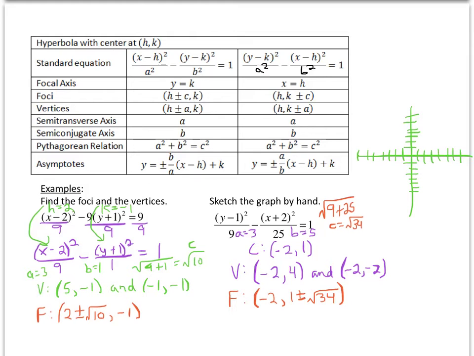Okay, now for the actual graph, since that's what they want from us. We would go to our center point, so left 2, up 1. We would go left and right 5, because b has to do with x. 1, 2, 3, 4. And then up and down 3, because 3 is underneath y. Draw your box. And draw your diagonals.